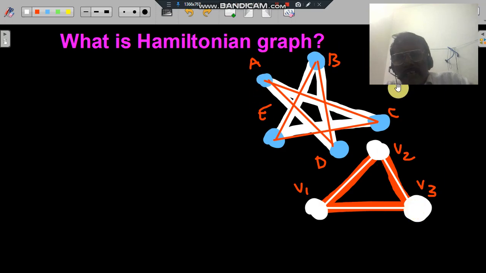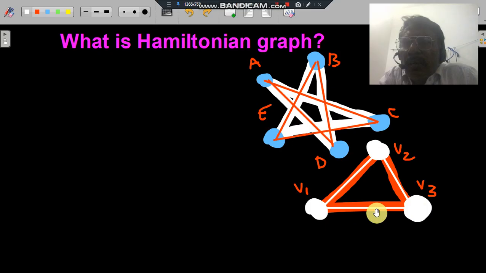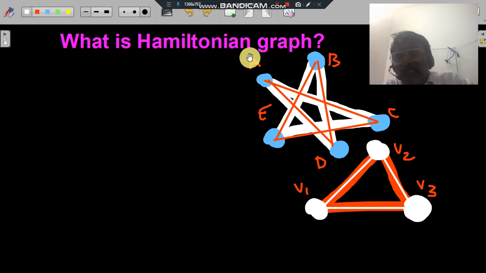So this kind of graph, where there exists one cycle such that each vertex appears but once. The cycle crosses each vertex but once. This is a speciality in these two graphs, and this type of graph we call a Hamiltonian graph.